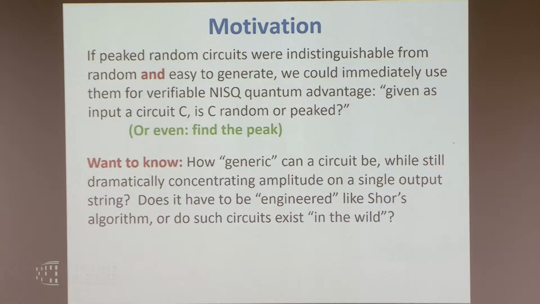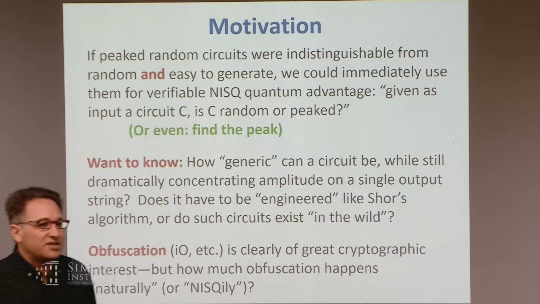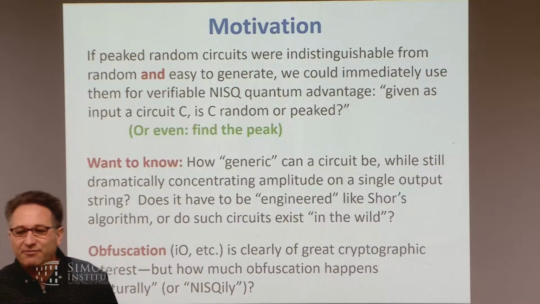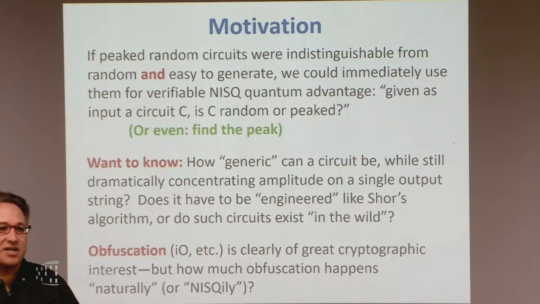In some sense, what we're asking here is how generic can a quantum circuit be while still dramatically concentrating amplitude on a single output string? Does it have to be engineered like Shor's algorithm, or do such circuits exist in the wild, as it were? One can connect this to a long line of work on obfuscation, including obfuscation of quantum circuits, indistinguishability obfuscation and other notions.